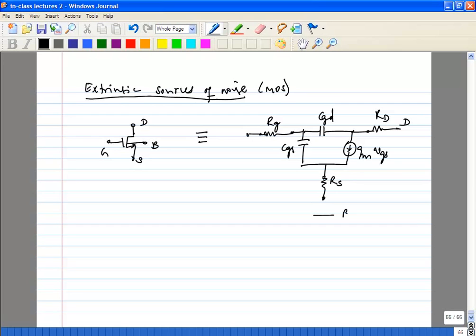You have your bulk, and you could have a resistance from the bulk to the ground. Normally if it's an NMOS, you assume your bulk is ideal ground, and in this case you are probably going to design with ideal supplies and ideal grounds, and that's probably okay for a first level class. But if you are doing a real design, you have to worry about all of these things. In your case, you will definitely have to worry about RG. So let's look at that first.